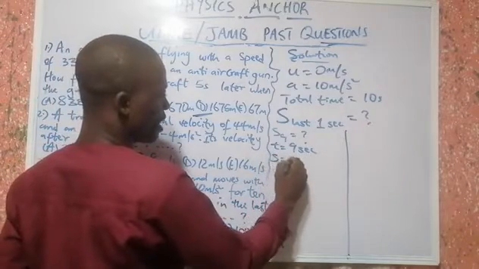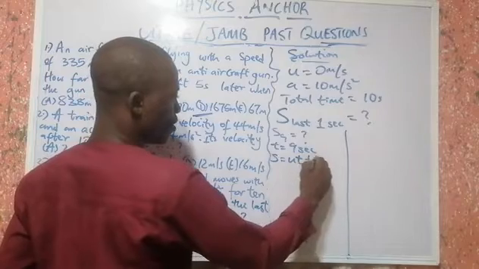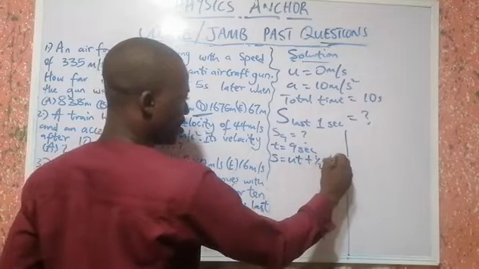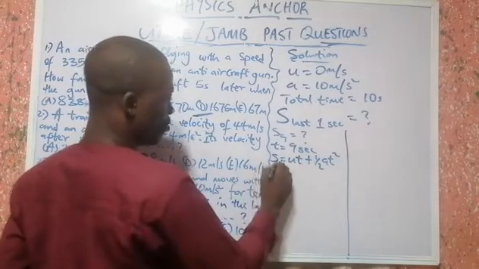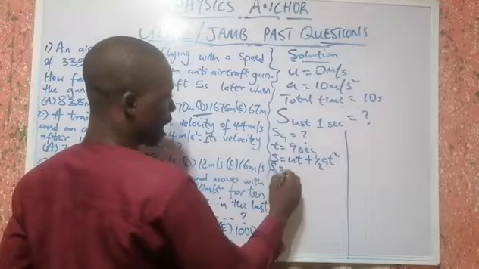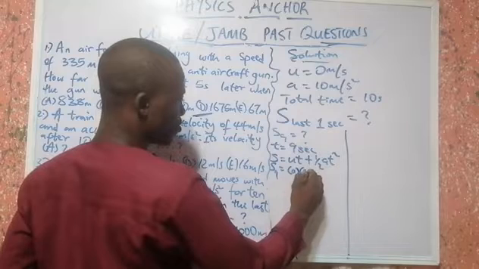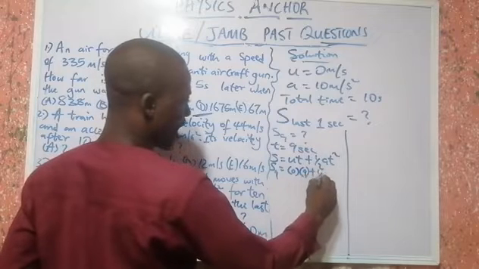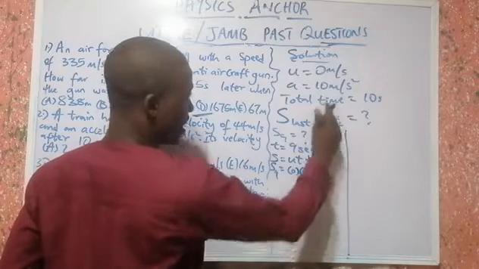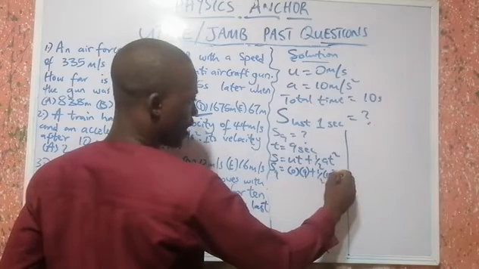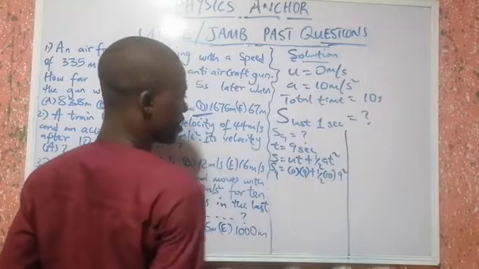So I know that the formula that is befitting is S = ut + half at squared. So S9 equals, our U is 0, and our T in this case is 9, plus half, our A is 10, they have given us, and our T is 9.